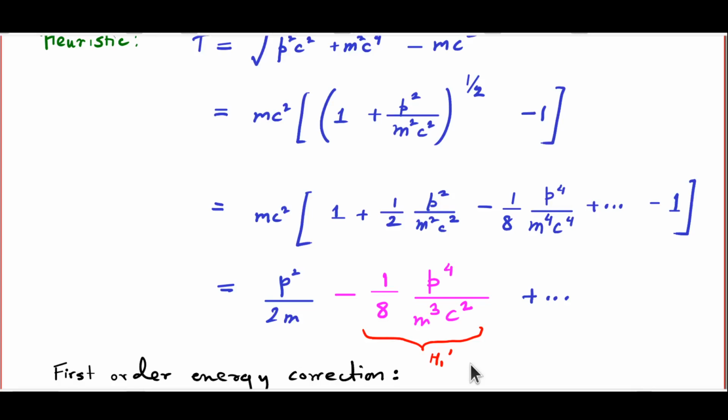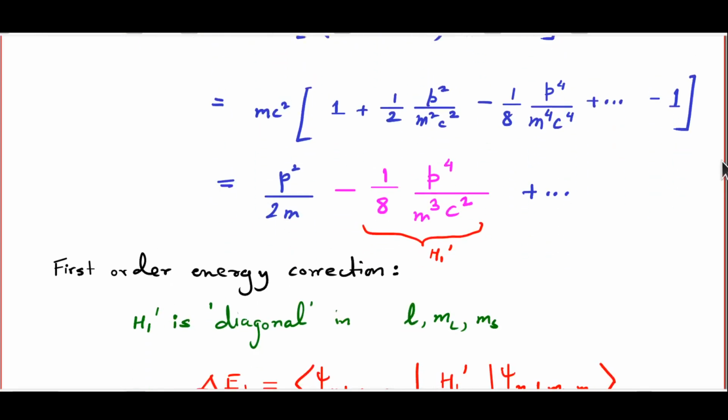Now, as I've already said in the previous lecture, life will be a lot easier for us if we could choose a basis in which this perturbing Hamiltonian is already diagonal. And that is pretty easy to do here, simply because H1 prime involves an operator p to the 4, which is a scalar operator, an operator which does not change when you rotate the coordinate system.